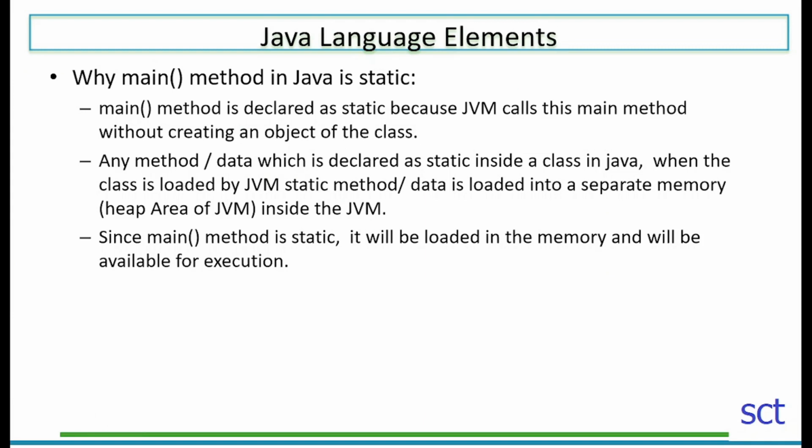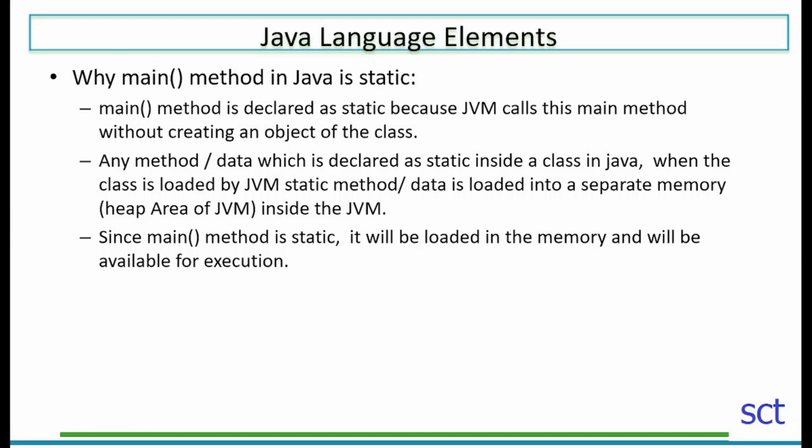So when you declare a main method as static, it will be available to you in the memory, and it will be called. Okay, so any method or data which is declared as static inside the class in Java, when the class is loaded, JVM loads the static method in a separate memory location, which is called the heap area of the JVM.